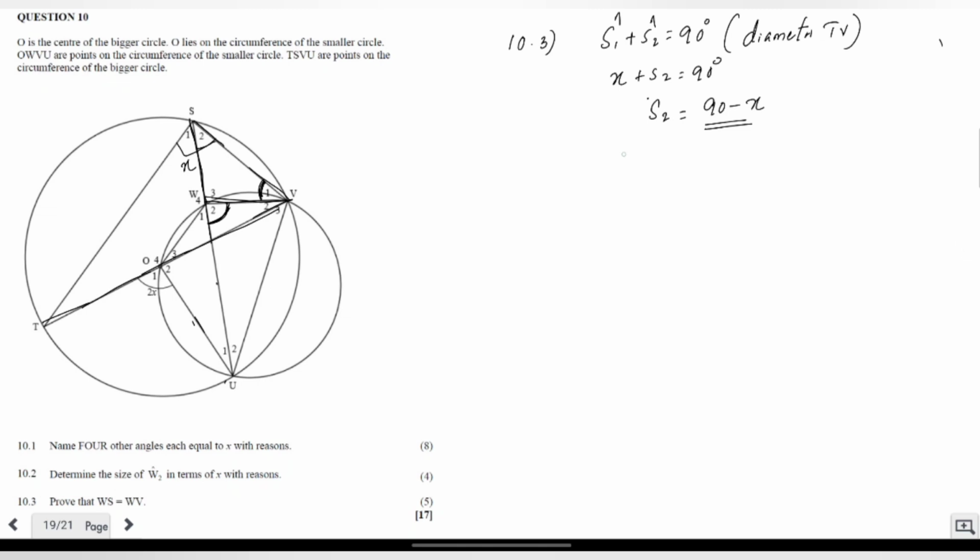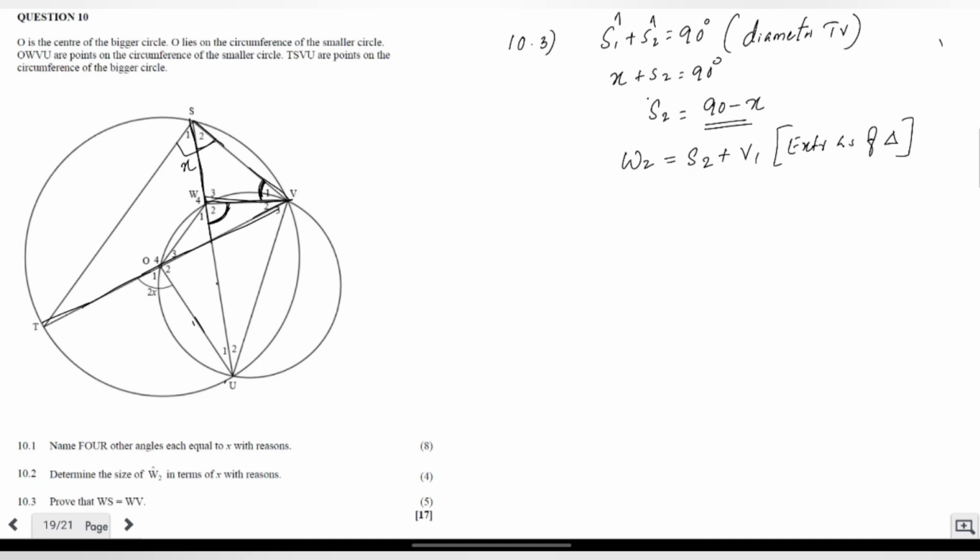So W2 we can write, W2 is equal to S2 plus V1, because exterior angle of a triangle, isn't it? Okay. Now, what is W2?